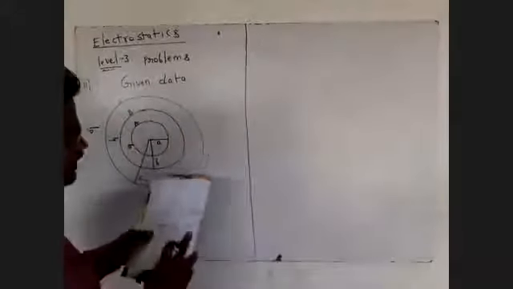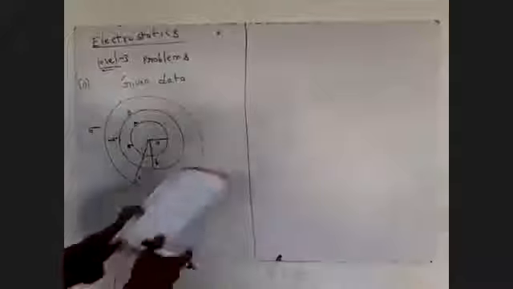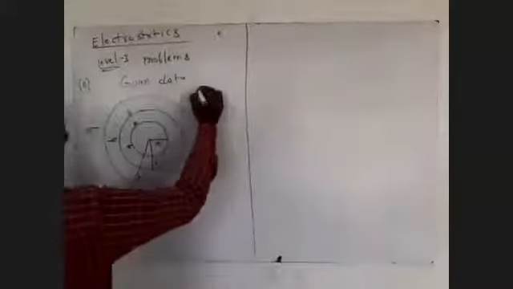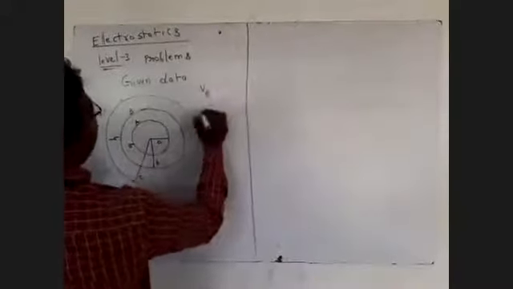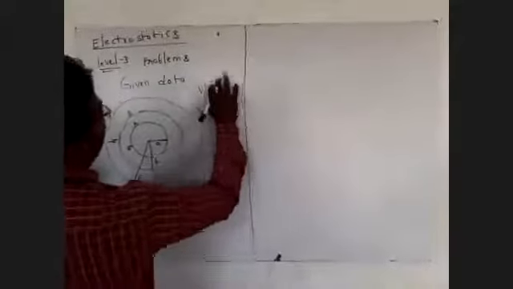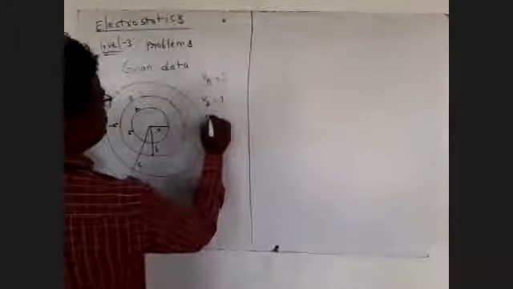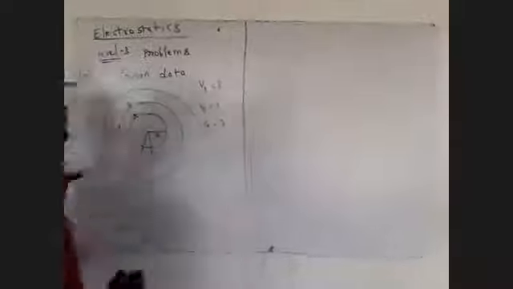We have to find the VA value and VB value, and the question also asks for the VC value.